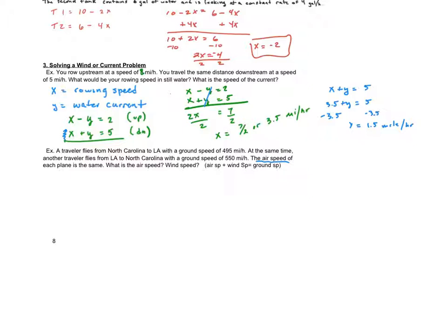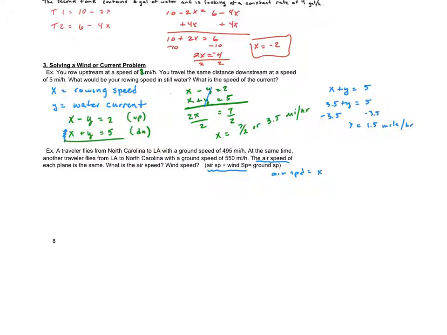Okay, if they're flying, let's talk about the airspeed. We can call the airspeed possibly x. And then they give us this formula, right? My airspeed plus my wind speed is going to be my ground speed.